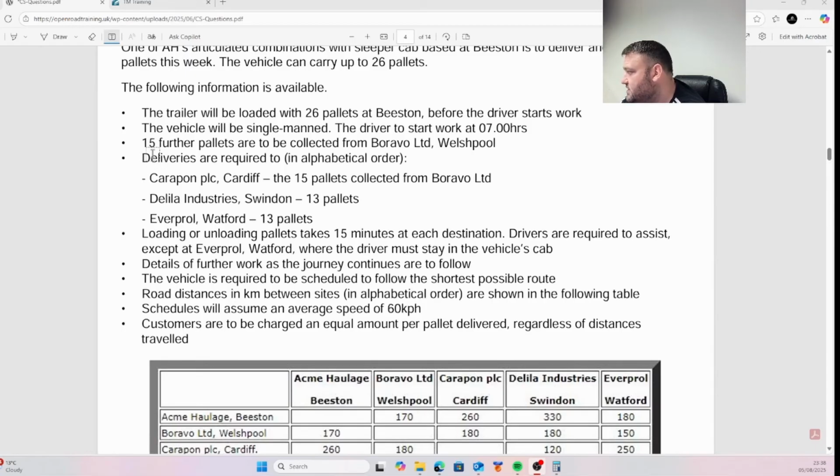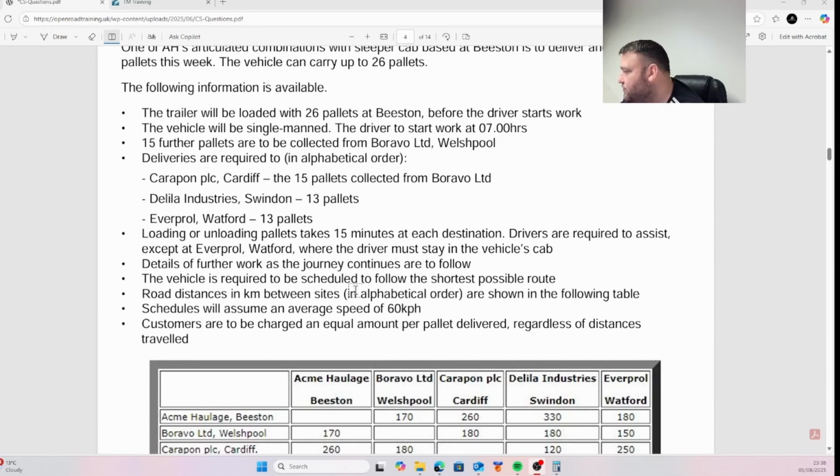Deliveries, this is a bit that is relevant. Deliveries are required to, in alphabetical order, Carapron, the 15, Delia, 13 and Everprol 13. So let's add that up. We have 15 add 13 add 13 tells us we have 41 pallets.